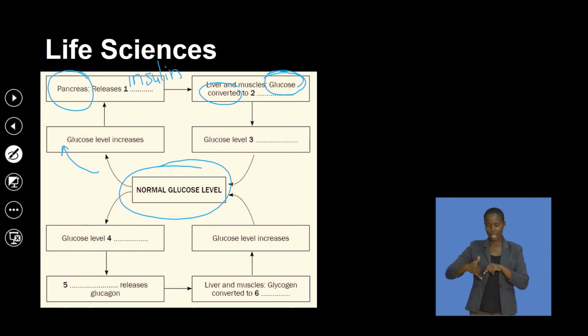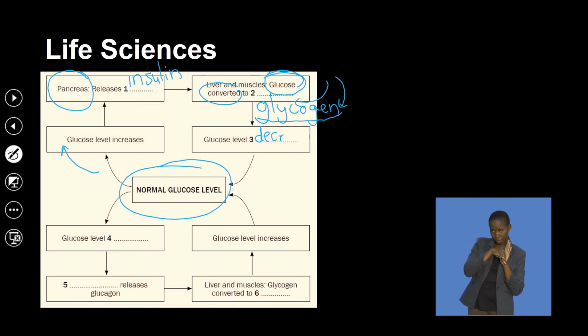So the glucose is converted into a complex form of sugar called glycogen. And glycogen is a complex carbohydrate which glucose is converted into. The glucose levels will then decrease because the glucose has been converted into glycogen. So there's a decrease in the glucose levels, returning the glucose back to normal.